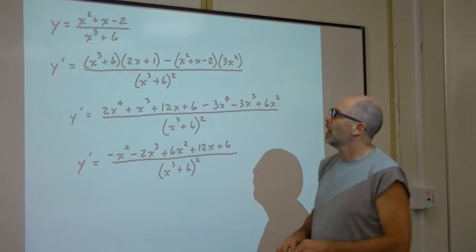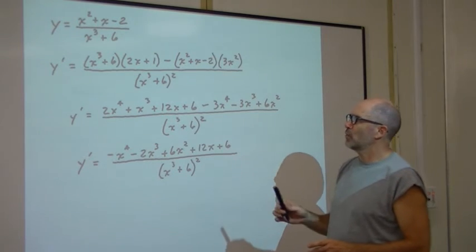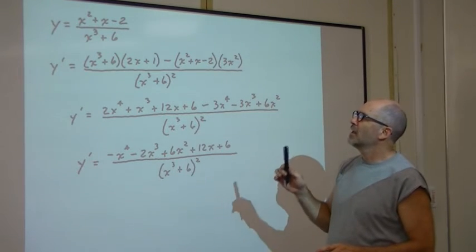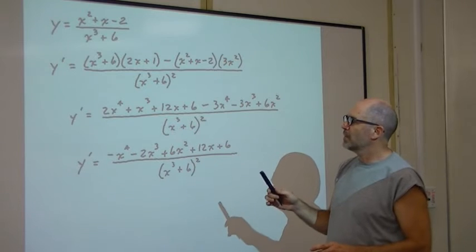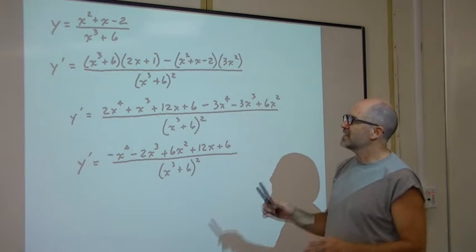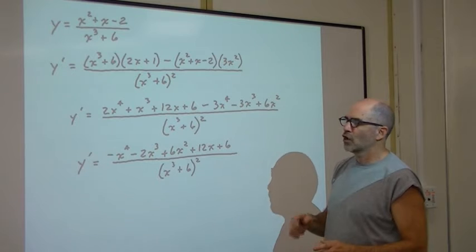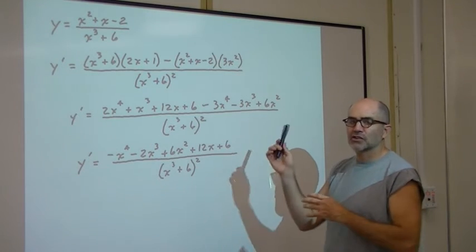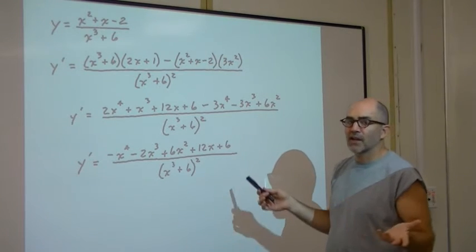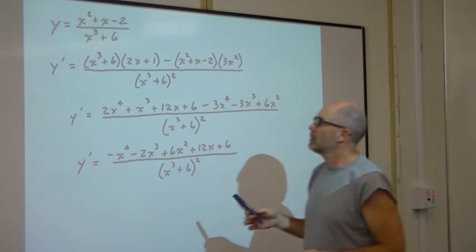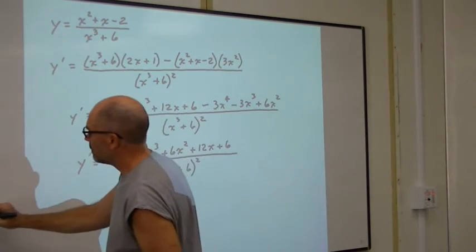All right, now, one thing I want to show you is sometimes you're going to be given a problem that's going to be tempting to go with the quotient rule, just like I showed you with the product rule, but it's not necessary. Let me show you an example of that.